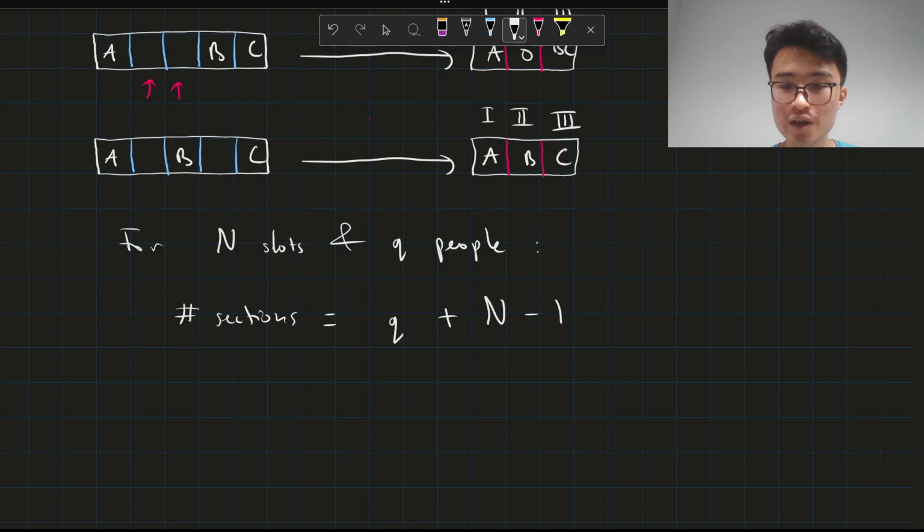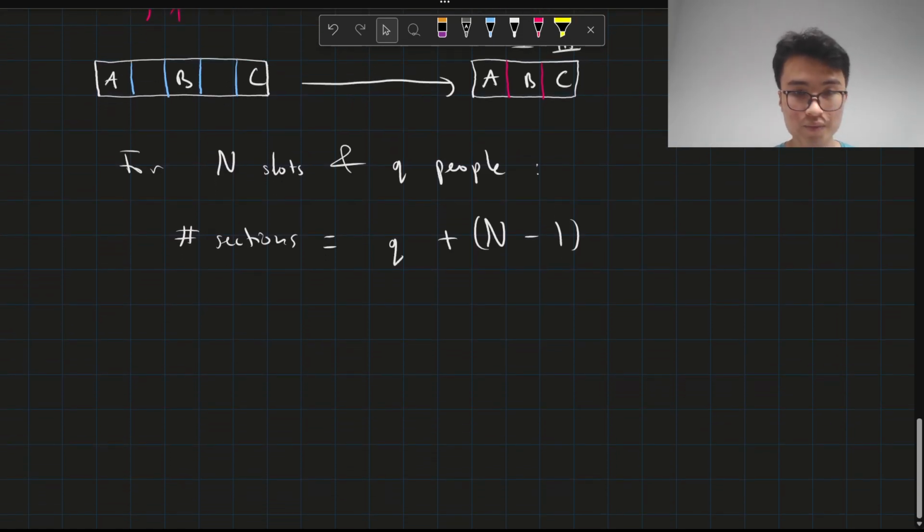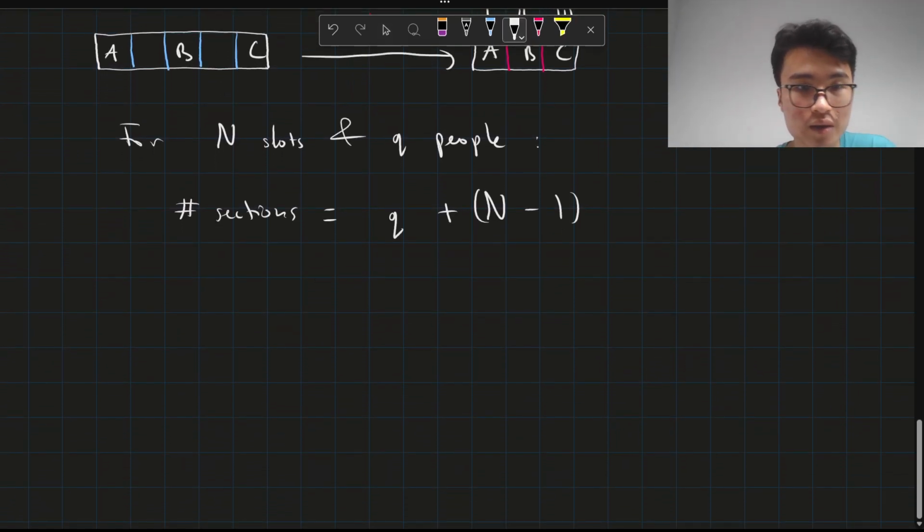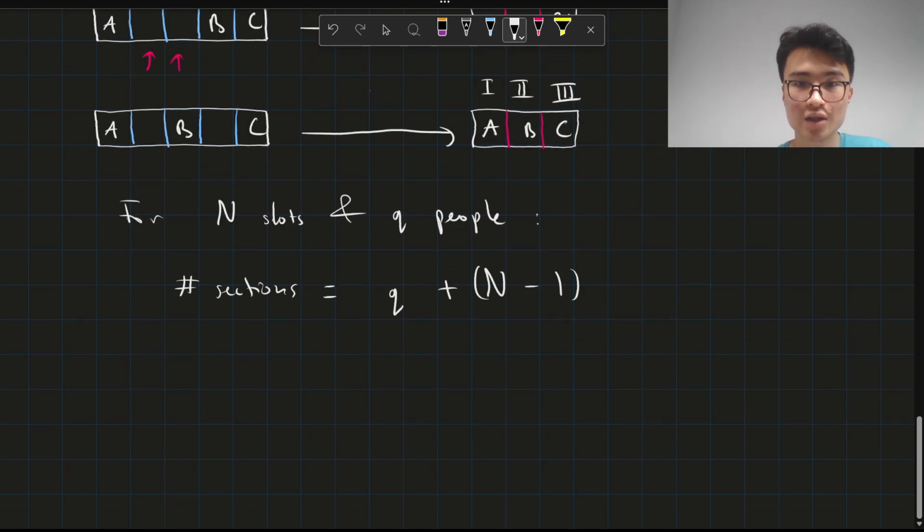Because for every n minus 1 slots, there'll be q people. So q plus n minus 1. Okay, so now we have figured out the number of sections.